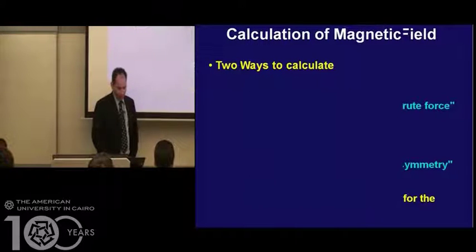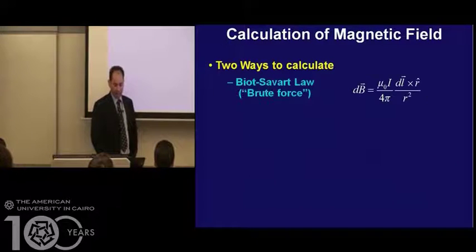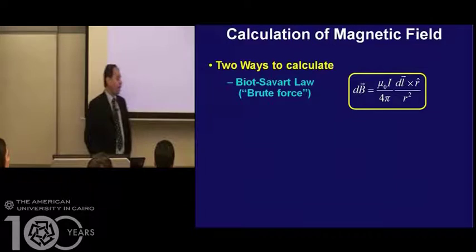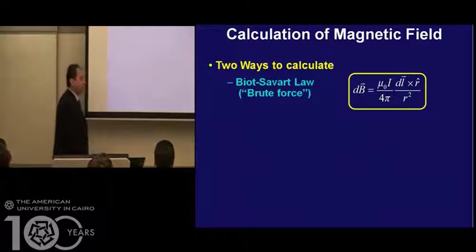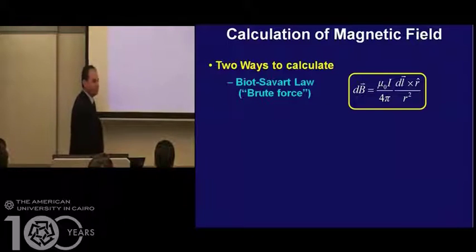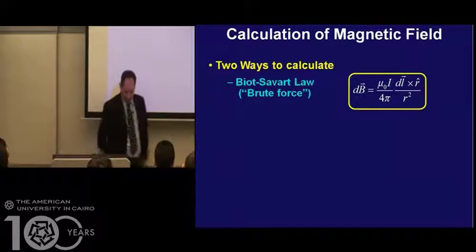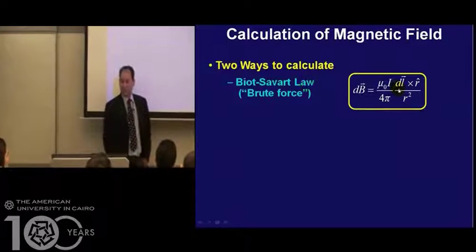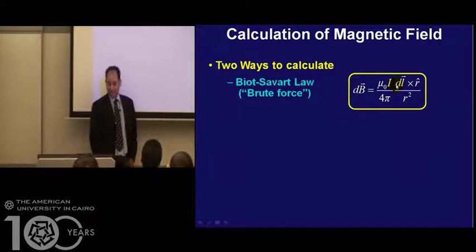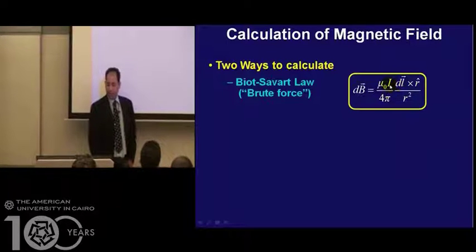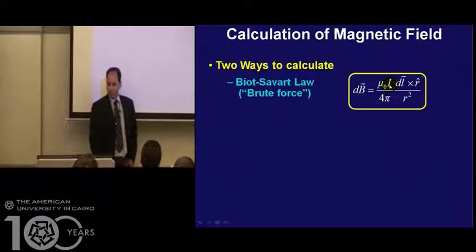We're going to carry that same concept into magnetism, and we'll have two ways to calculate the magnetic field. One of them needs a little bit of mathematics. That's the Biot-Savart law, which says that the magnetic field from any element that has a length dl and carries a current I will produce a magnetic field around it.